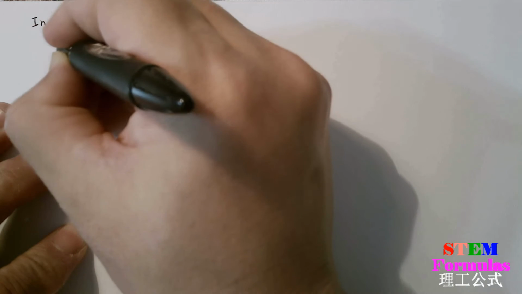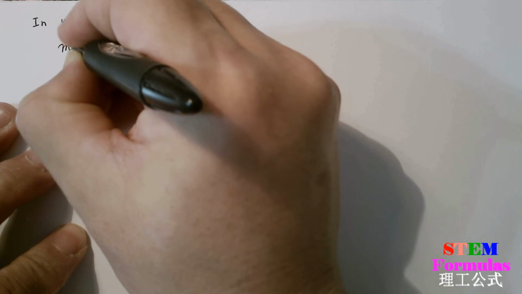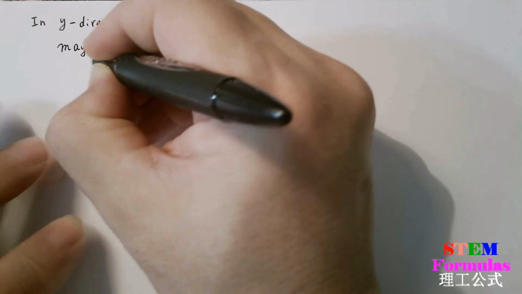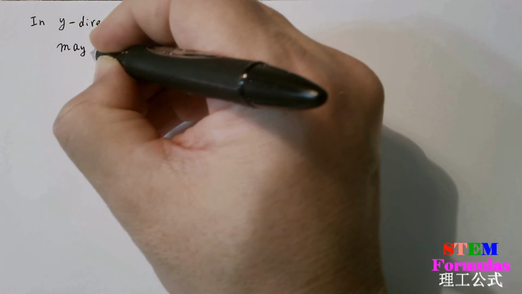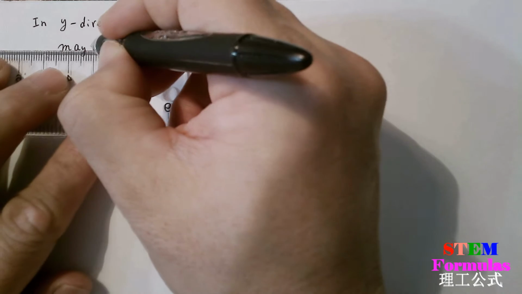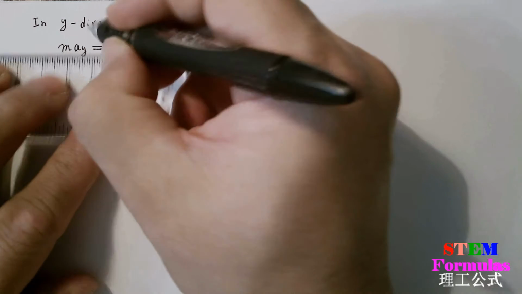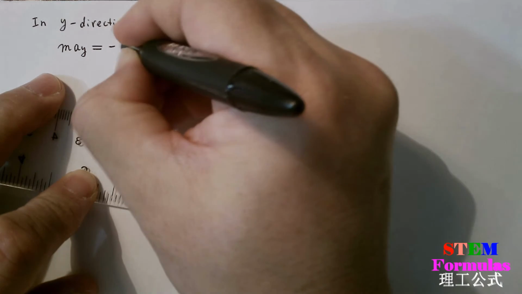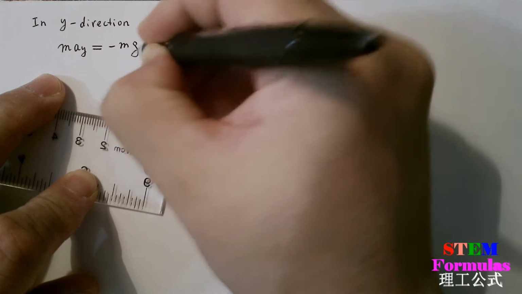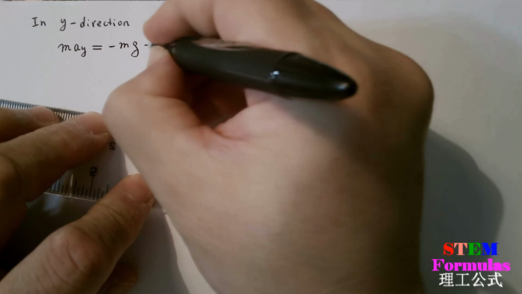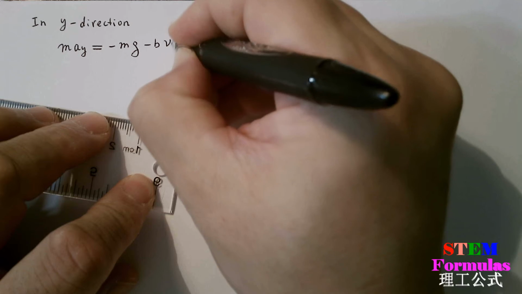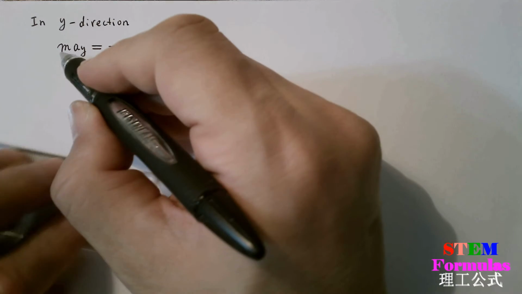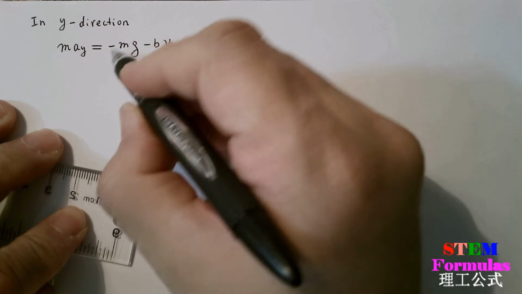we have m ay equal minus mg minus b vy. m is the mass of the object.